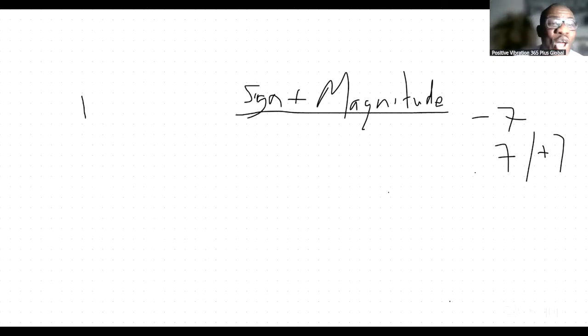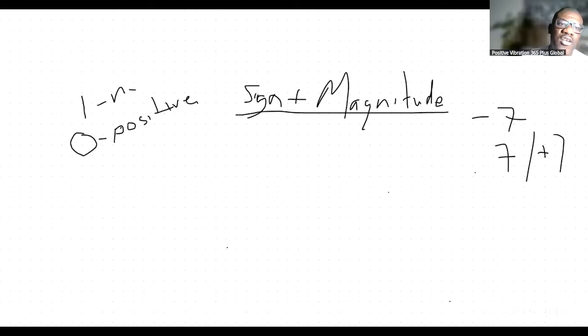Binary only has 2 numbers. Which one is it? 0. All right. So in sign and magnitude, 0 is positive and 1 is negative. This one is probably the easiest, so let's do it.